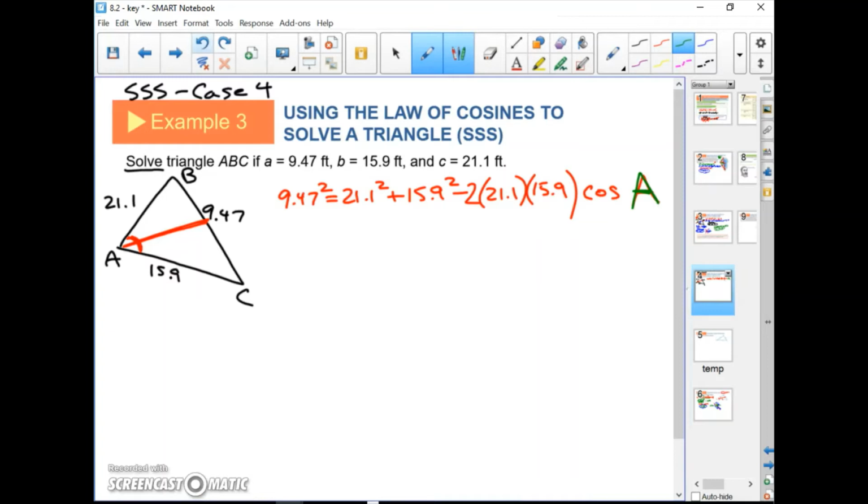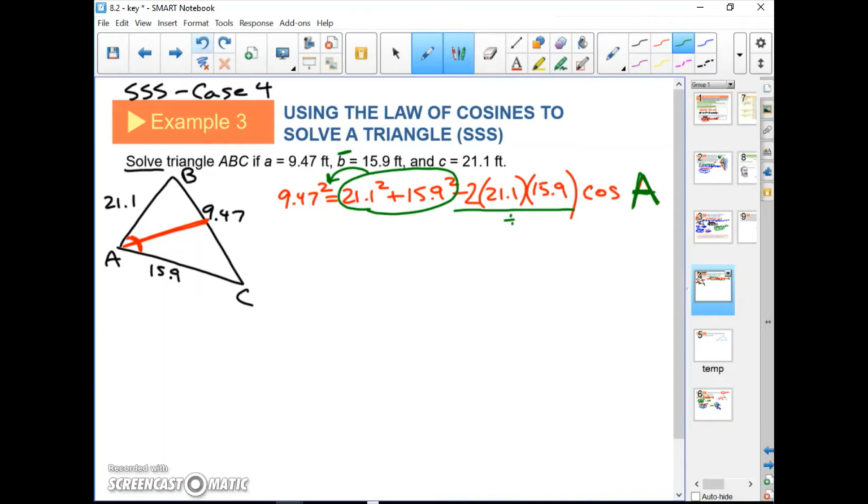If I was going to isolate A, I would have to subtract these two things over. Okay? We're going to subtract those two things over, and then we're going to divide by that negative 2 times 21.1 times 15.9. Okay?